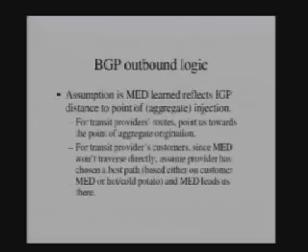Because the assumption is the MED learned is in some way tied to IGP distance, fiber kilometers, some other vector towards wherever that particular prefix is going into their network. So if it's, let's say, one of NTT Verio's aggregate prefixes, I think they've got 157, 229, or something like that, we know they're going to originate it on some subset of their core. We assume that that is going to be announced to us in Dallas and in Houston with some representation of how far it is to that particular injection point.